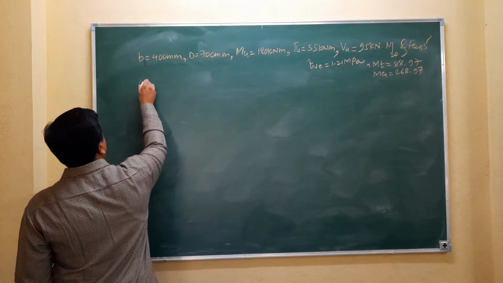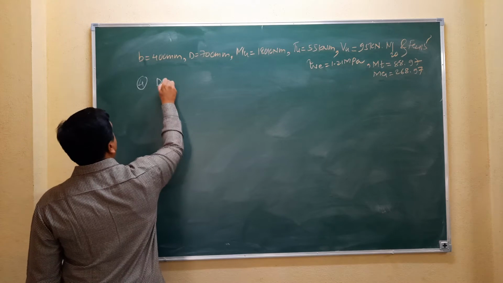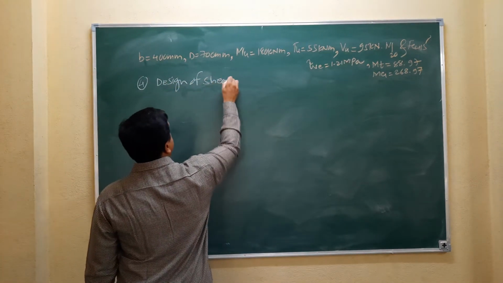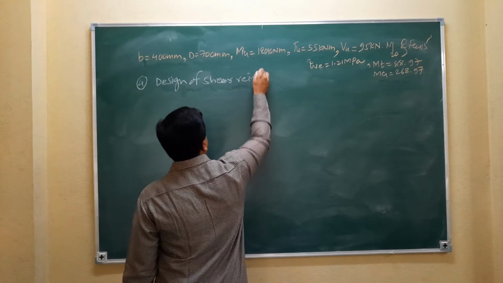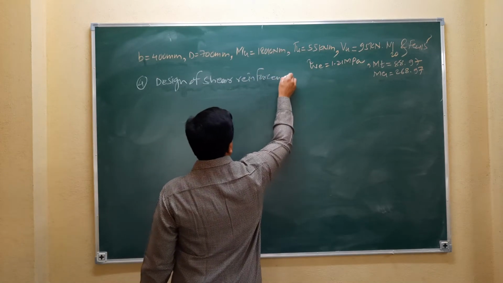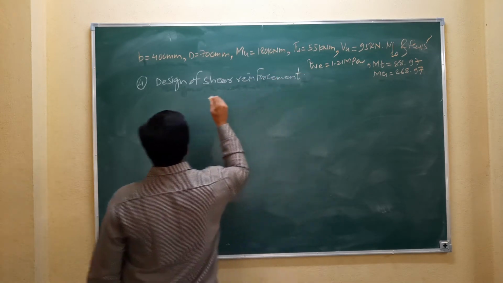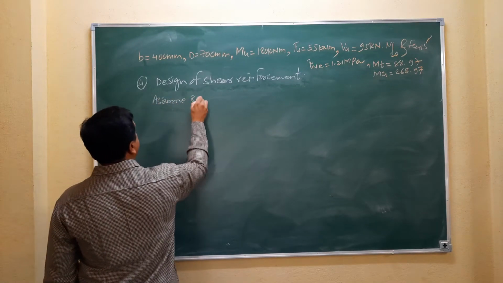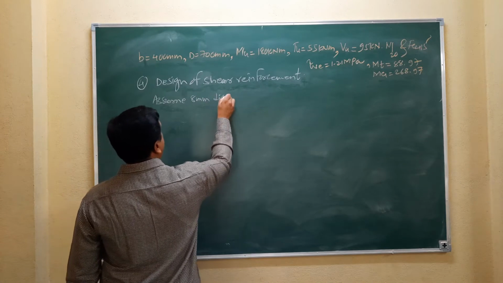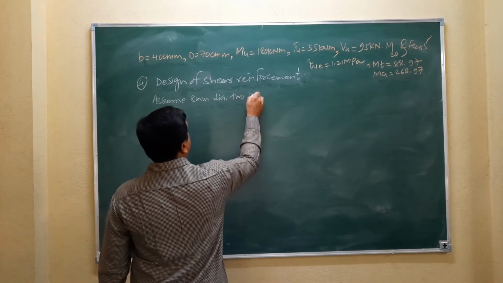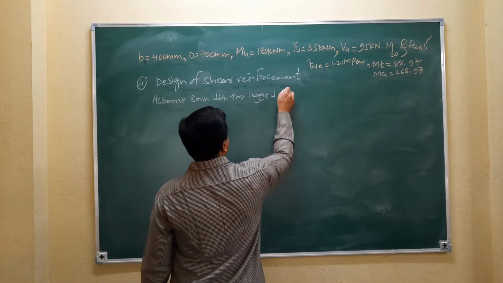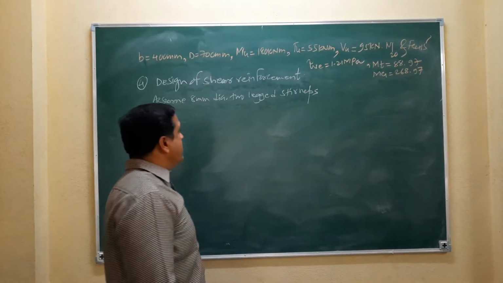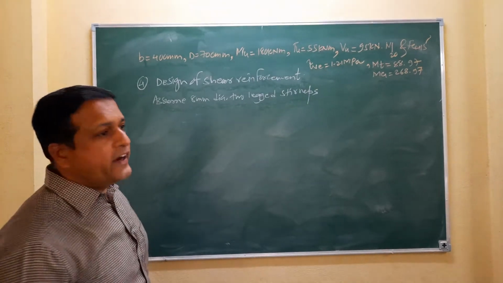So last, fourth step, design of shear reinforcement. As usual, assume 8 mm diameter, 2-legged stirrups, whatever we have assumed in the previous problem.